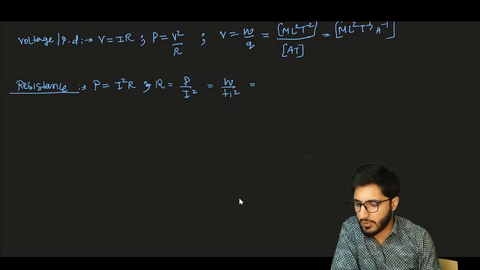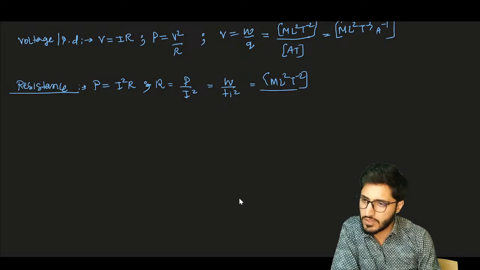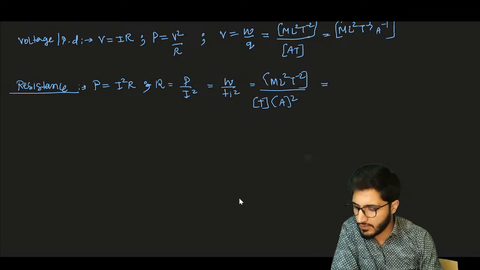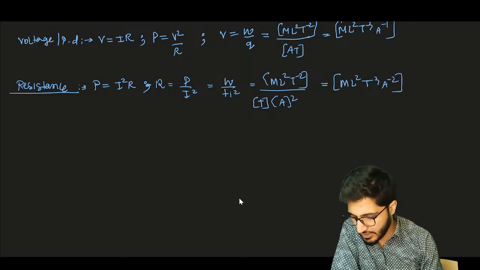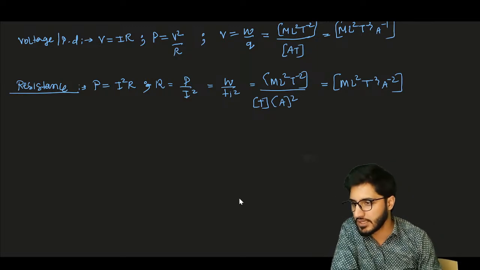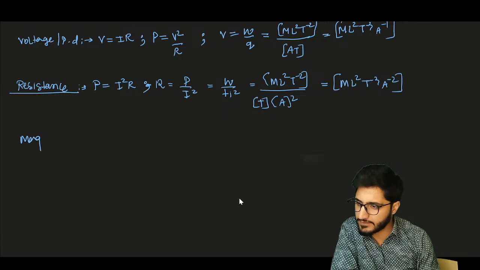So what is W? It is ML^2T^-2. Time is T. Current is A square. It would be ML^2T^-3A^-2. Dimensional formula of resistance.